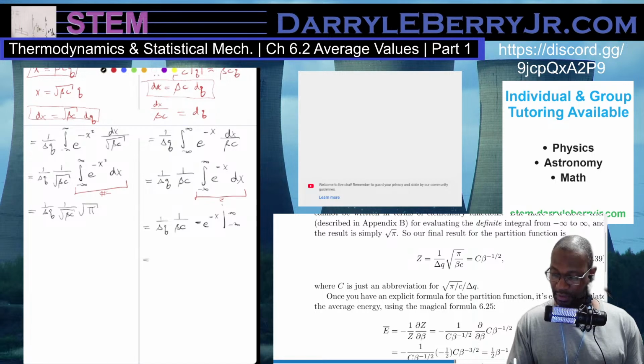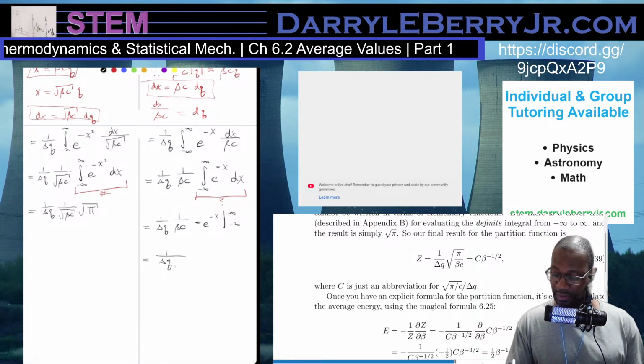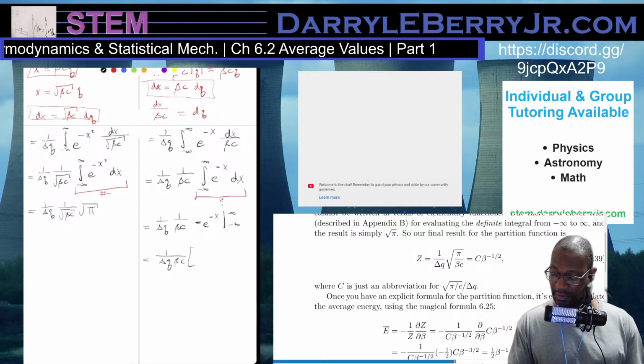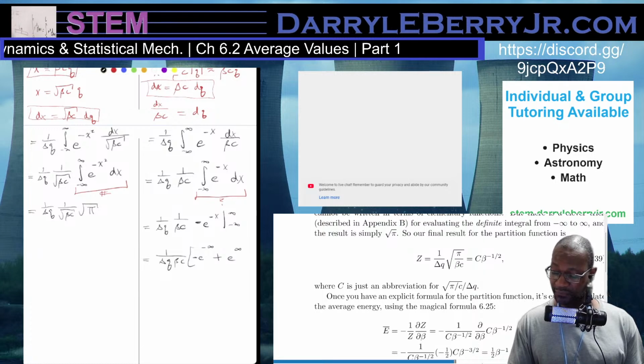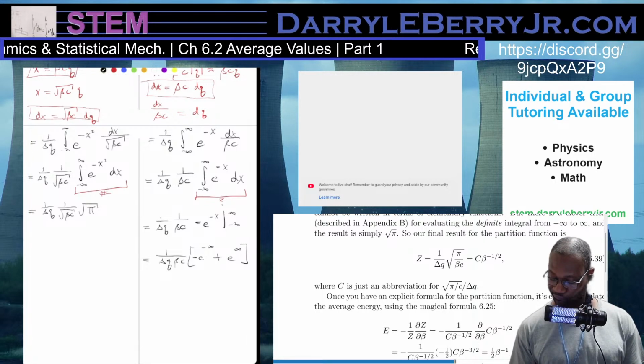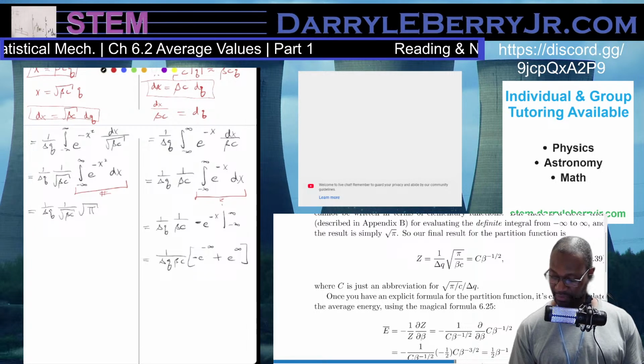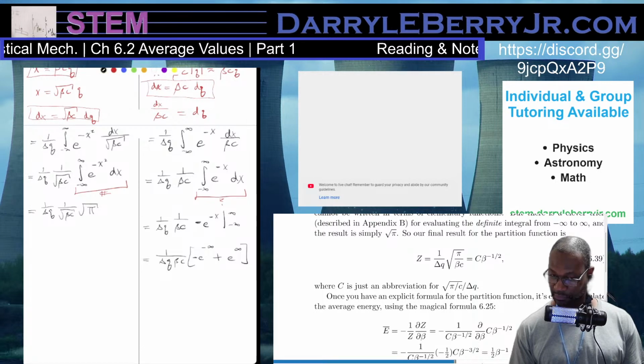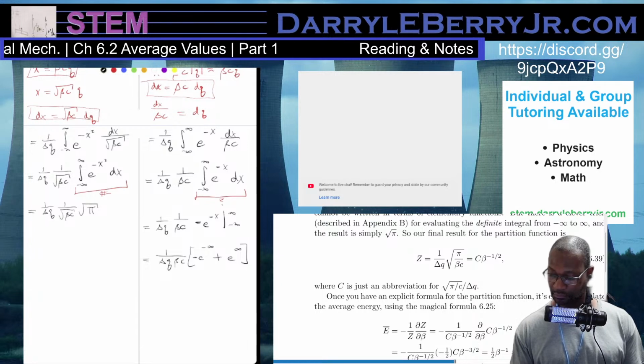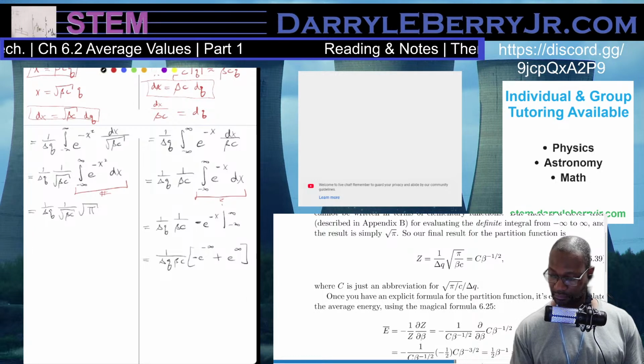Then we have 1 over square root of q bc, negative e to the negative infinity plus e to the infinity. Zero and infinity. It does make sense.